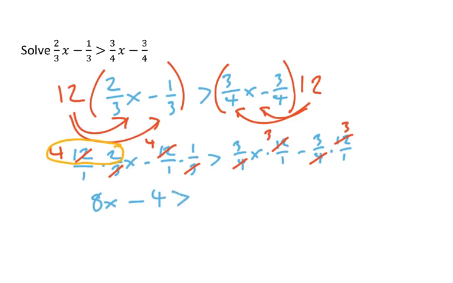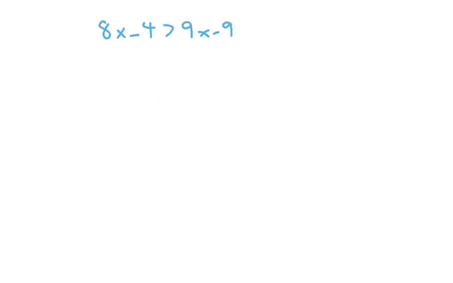And on the right side, we have 3 times 3 times the x. That's 9x. And 3 times 3 is 9. So 8x minus 4 is greater than 9x minus 9. I copied that onto the next sheet.